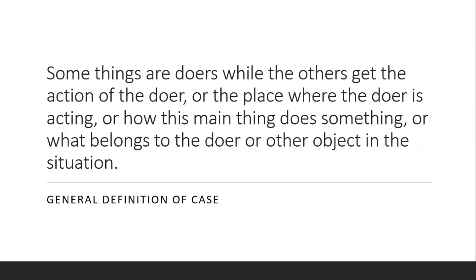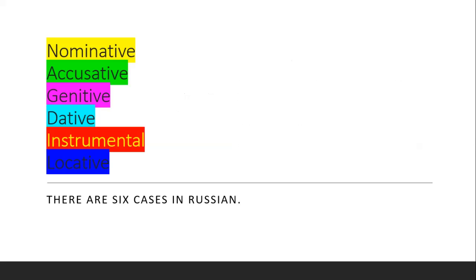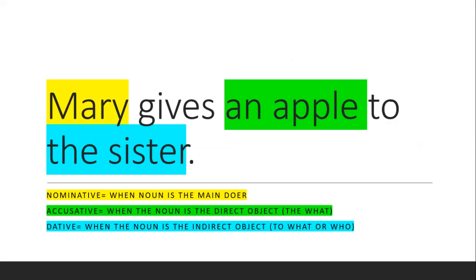In a sentence or speaking situation, some things are doers, others get the action of the doer, or some things are the place where the doer is doing his thing, or the thing could be how the main thing does something, or what belongs to the doer or the other objects in this situation. So there are 6 cases in Russian. They're called nominative, accusative, genitive, dative, instrumental, and locative.